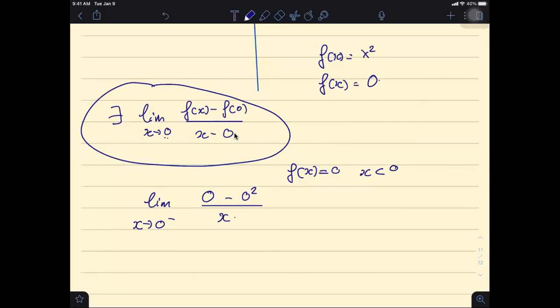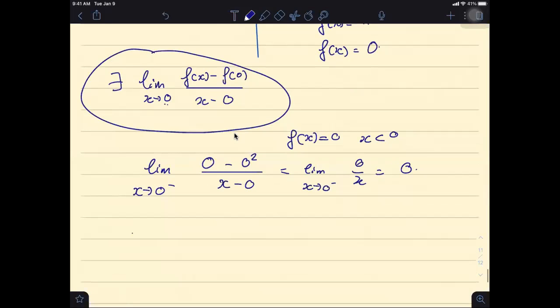Then this one is x minus 0, the limit as x approaches from the left of 0, then 0 over x gonna be equal 0. What about approaching from the right? x approaches 0 from the right, which means f of x gonna be equal to what? x squared, right? x squared minus 0 squared over x minus 0.